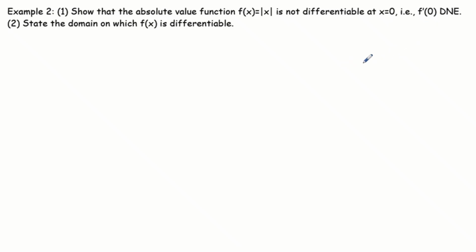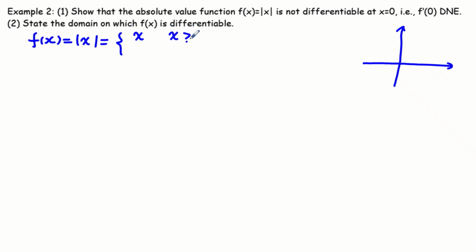So if we sketch it, you will see the absolute value function is similar to y equals x. If f of x equals absolute value of x, when x is positive, it will be equal to itself, because the definition is the distance from the point to 0.